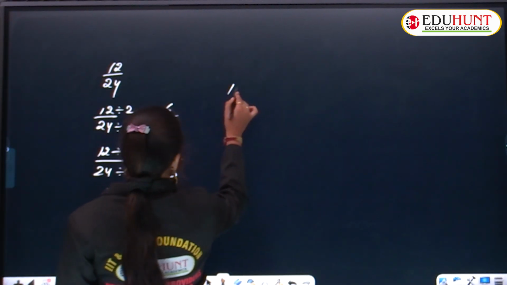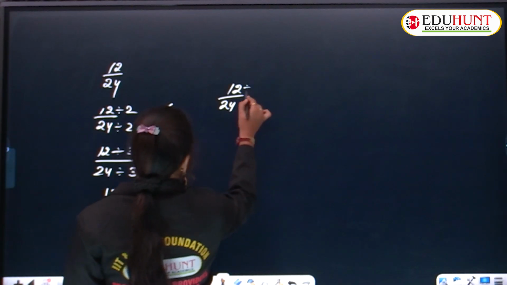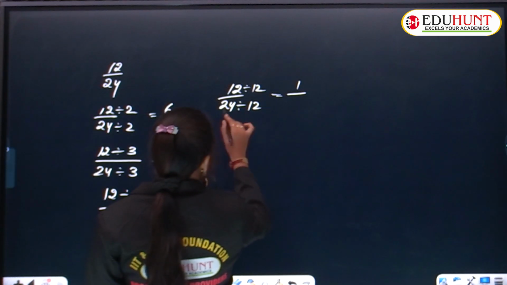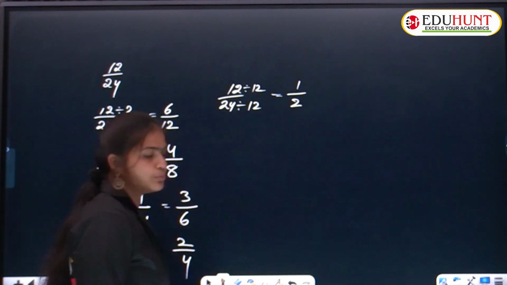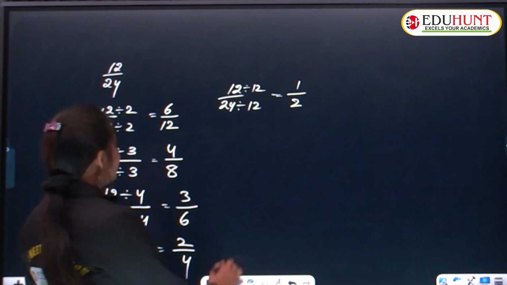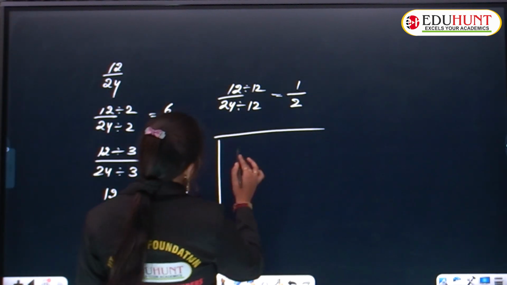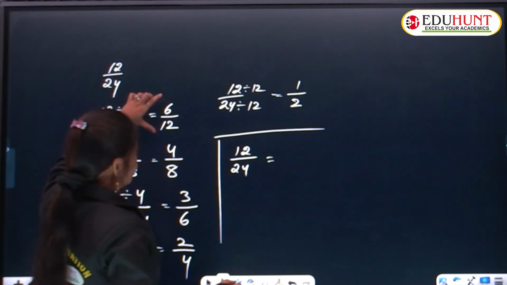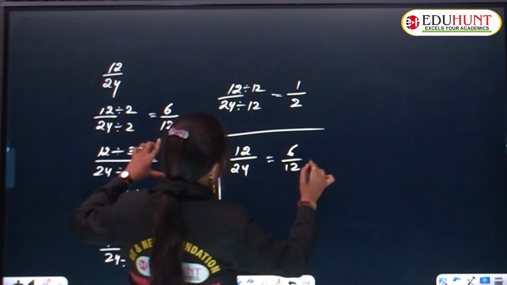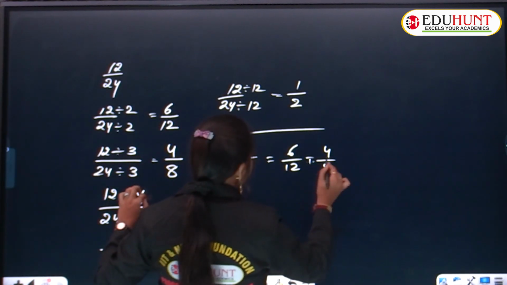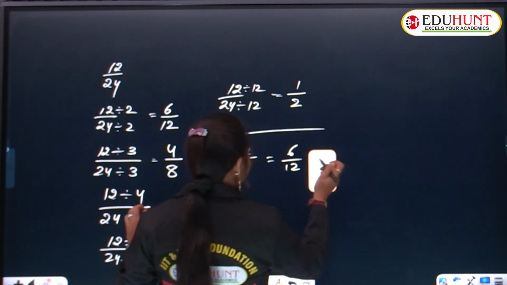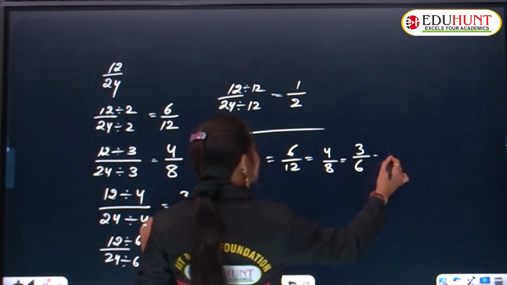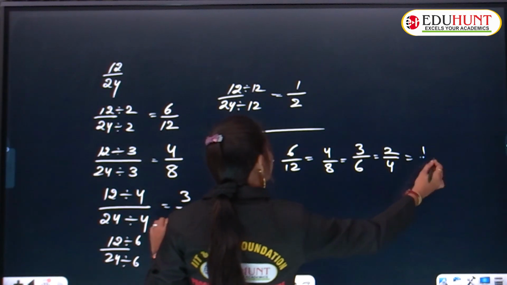In the same way, 12 by 24 divided by 12: 12 divided by 12 means 1, 24 divided by 12 means 2, so 1 by 2. Understood? From this, the equivalent rational numbers of 12 by 24 are 6 by 12, 4 by 8, which equals 3 by 6, which equals 2 by 4, which equals 1 by 2.